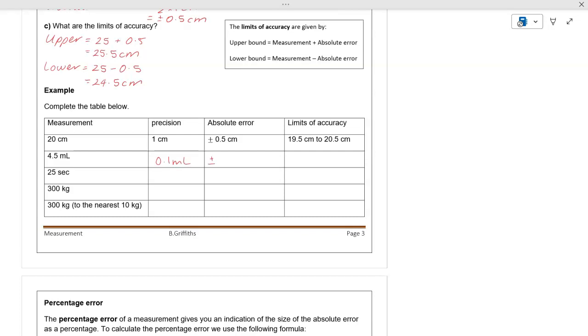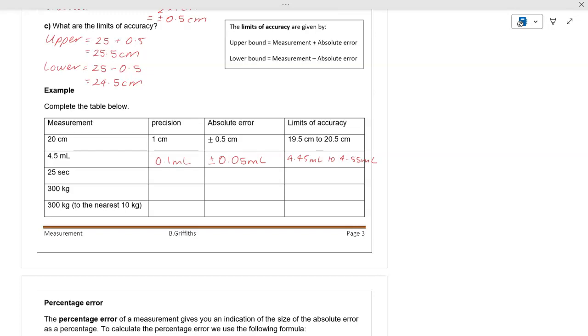But it's going to be plus or minus 0.05 millilitres. If you think of this as being 0.10, half of 10 is 5. Then to find our limits of accuracy, we would add 0.05 to 4.5 and we would subtract it. So we get 4.45 as the lower limit to 4.55 as our upper limit.